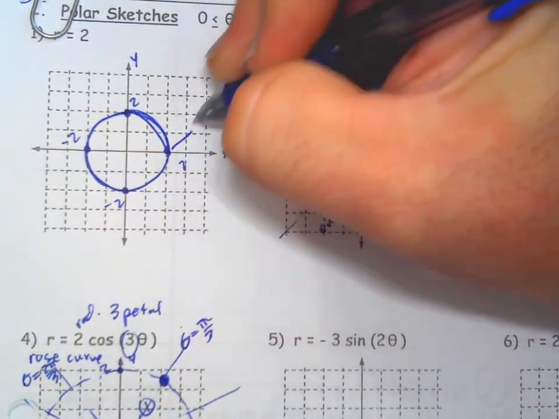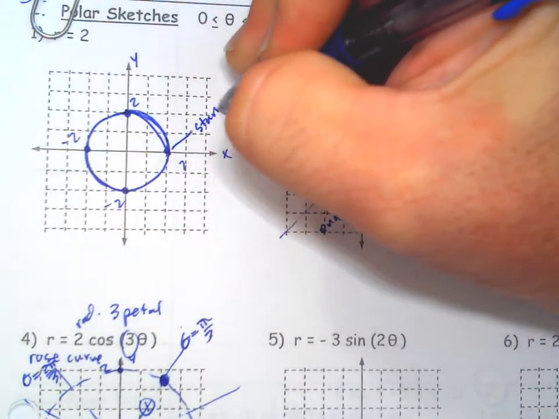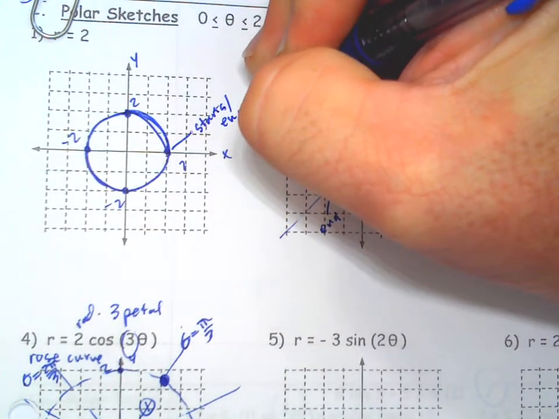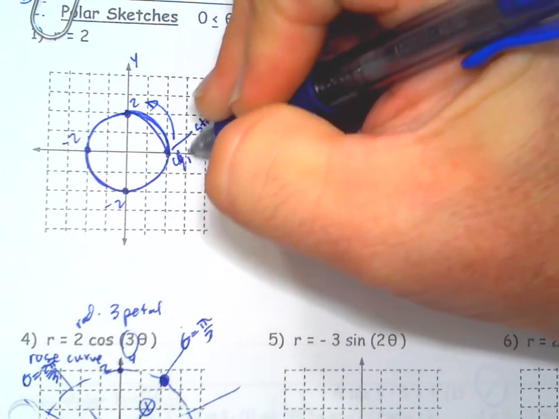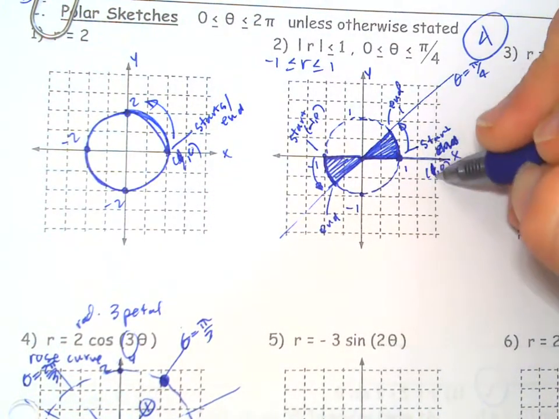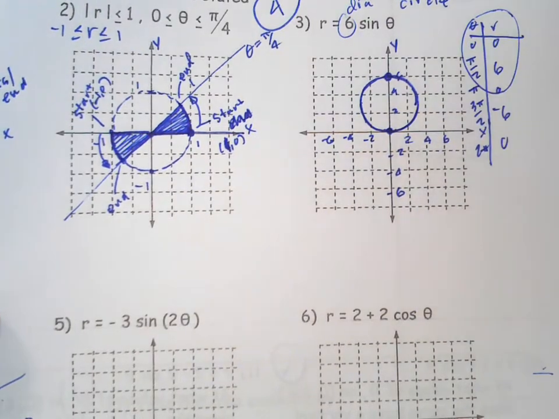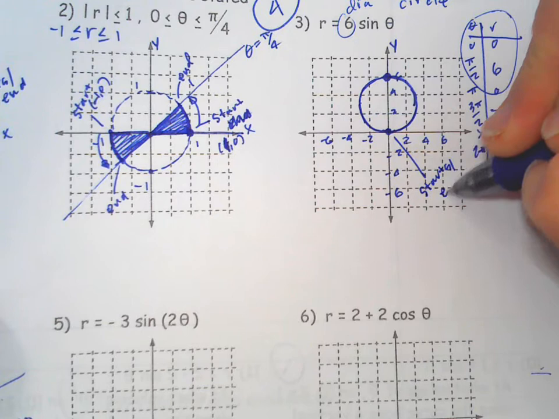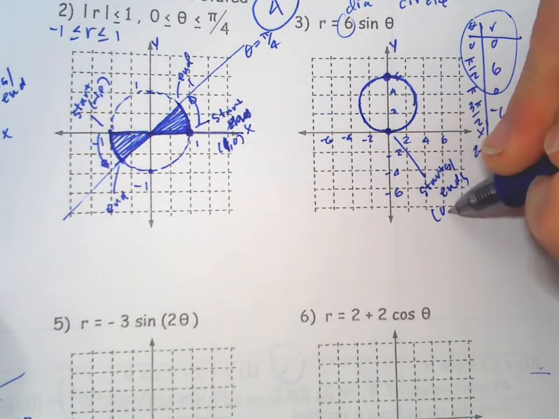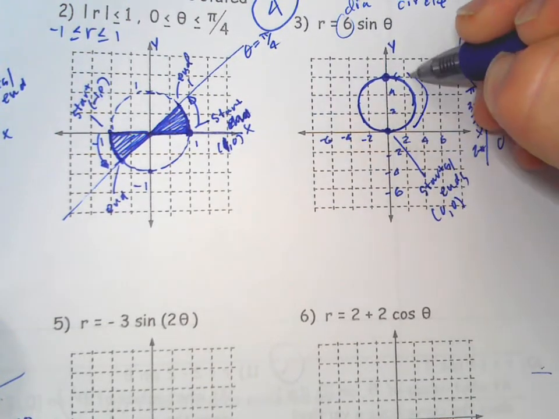This one starts and ends here, and the direction is like that. This one starts and ends there at 0, 0, and the direction is like this.